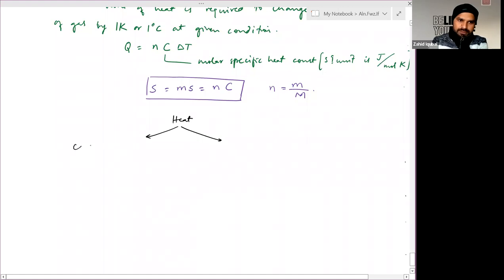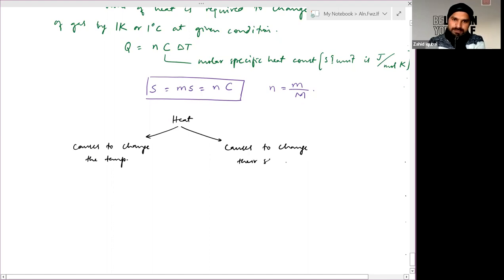First, which causes a change in the temperature of a substance, and second, which causes a change in their state. So for change in temperature, we mainly have three different heats. First one is heat capacity.